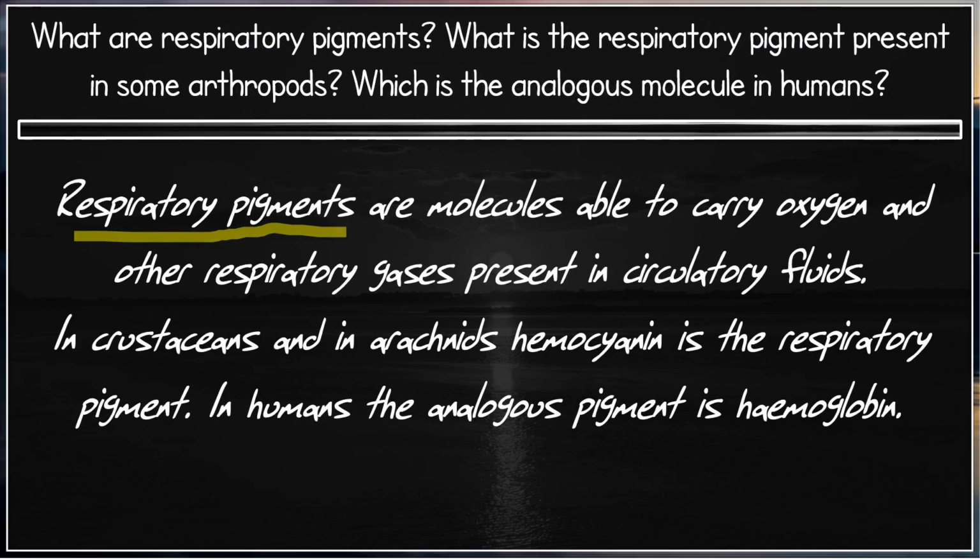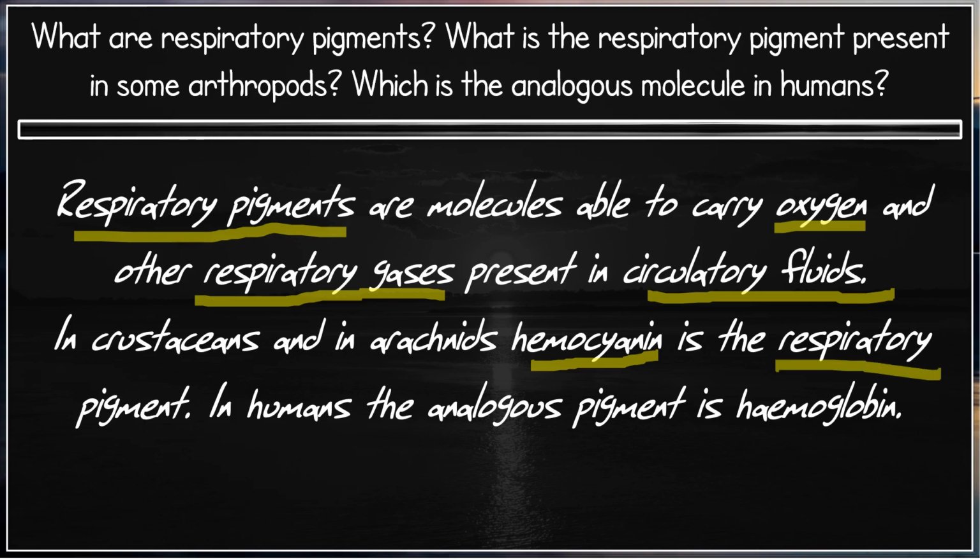Respiratory pigments are molecules able to carry oxygen and other respiratory gases present in circulatory fluids. In crustaceans and in arachnids, hemocyanin is the respiratory pigment. In humans, the analogous pigment is hemoglobin.